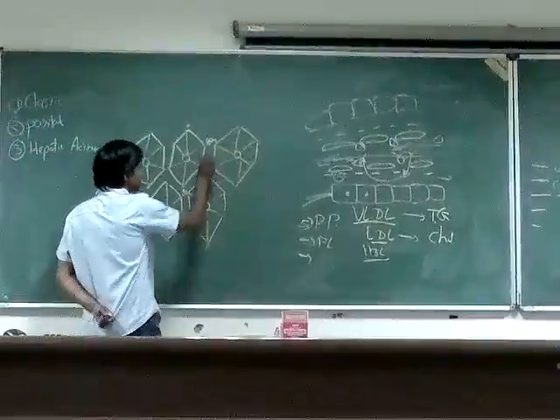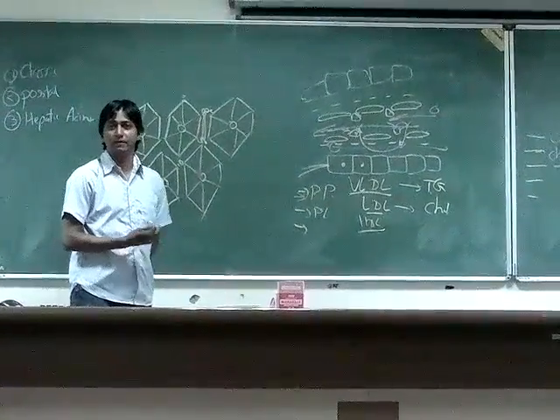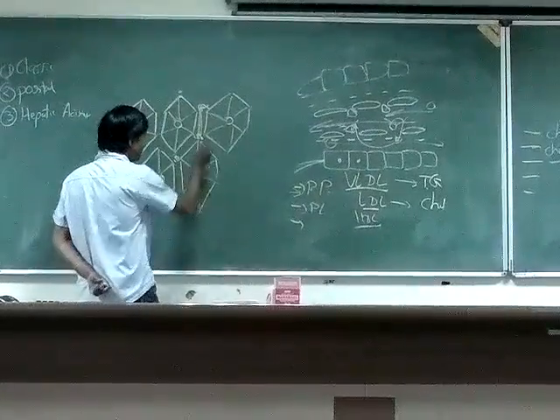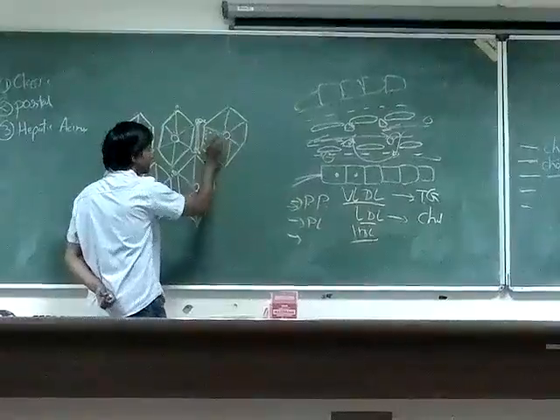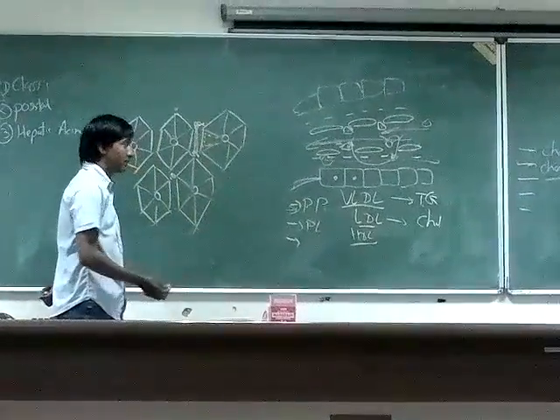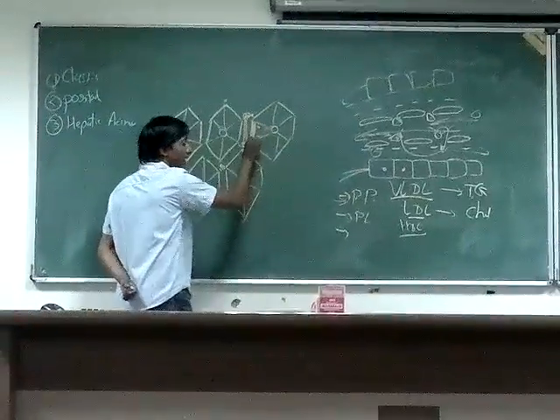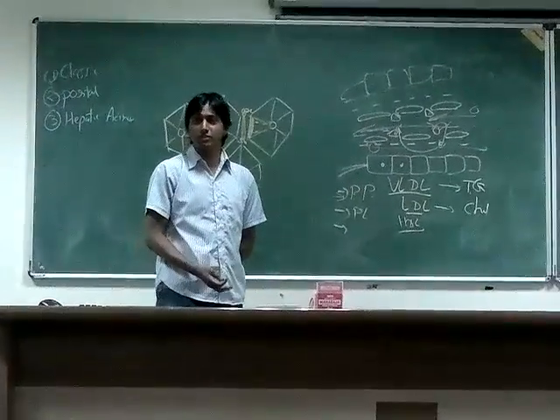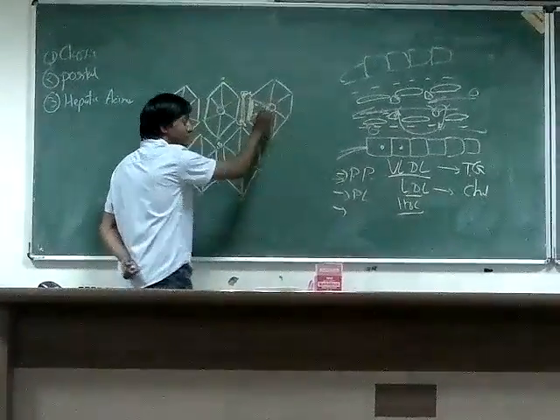Now what happens? These are also connected with the central branches, portal vein and hepatic artery. Here are the hepatocytes, here are the hepatocytes, here are the hepatocytes. What happens? These hepatocytes get more oxygenation or more nutrition compared to these.